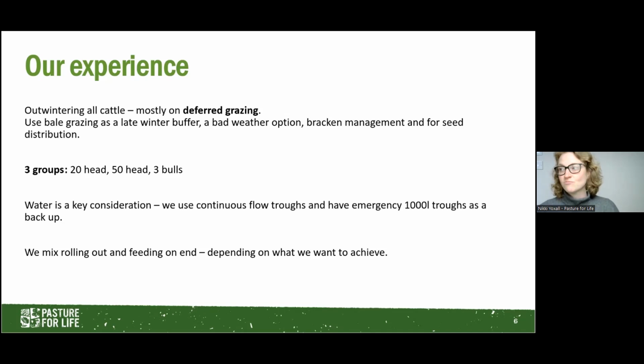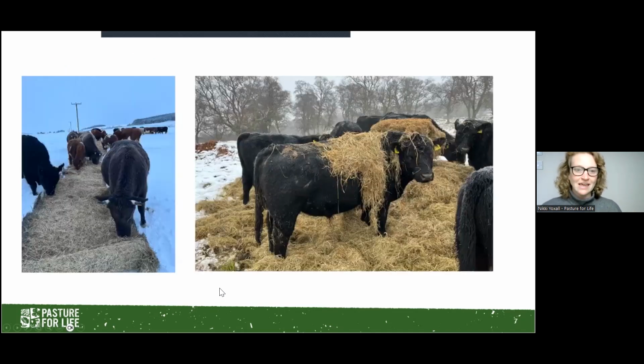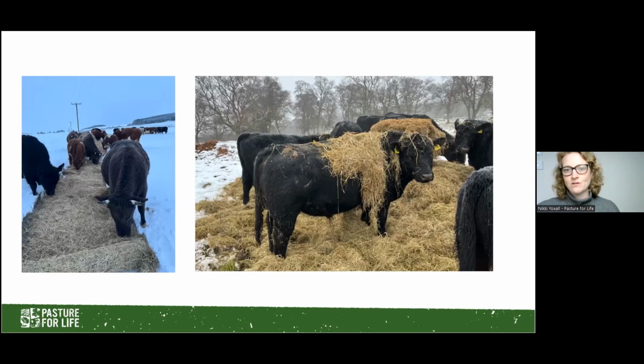And we mix rolling out of hay, but also depending on what we want to achieve, we sometimes feed on end. So an example here on the left-hand side, we've got our Shetland herd having a bale of hay rolled out across snow. So this was just last winter. And then on the right-hand side, an Angus group who have had a bale that's on end.